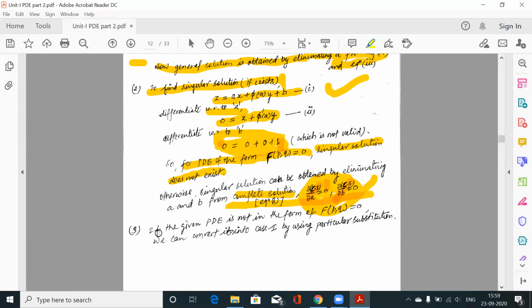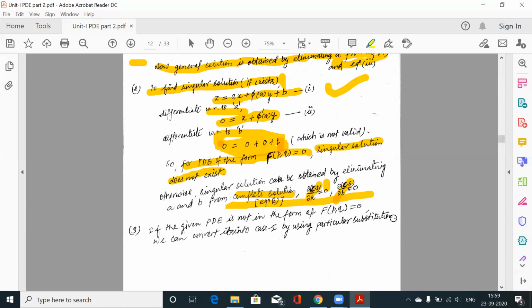So you know how to find the general solution and how to find the singular solution. Now, remark 3: if the given equation is not in the form of case 1, meaning free from x, y, z, then using some substitution or some particular transformation, we can convert some particular types of equations into case 1. So it is not only that you have to see whether x is there, y is there, z is there.